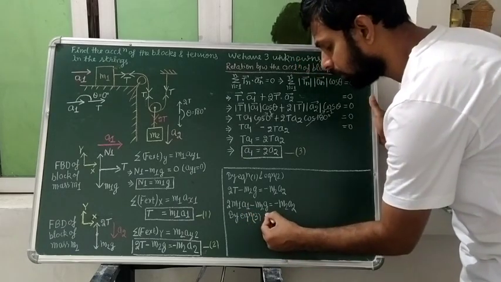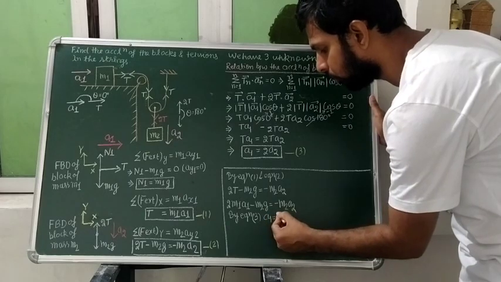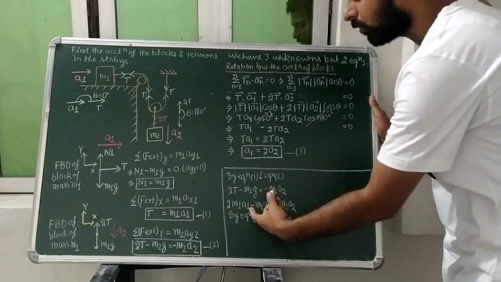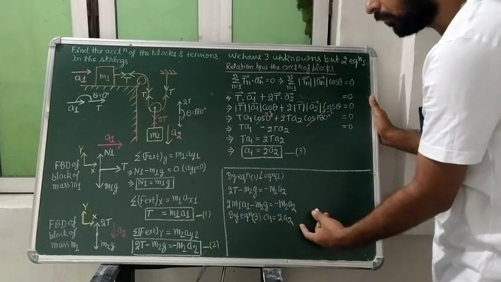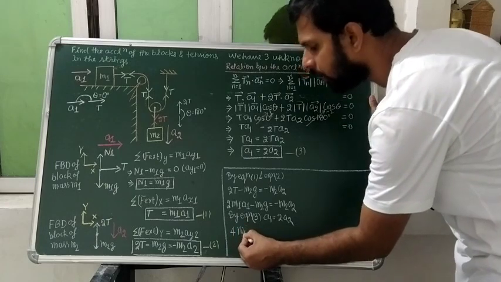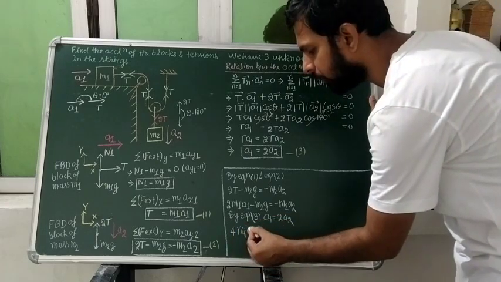a1 is equal to twice of a2. So in place of a1, what can you write? Twice of a2. So it will become 4 times m1a2.